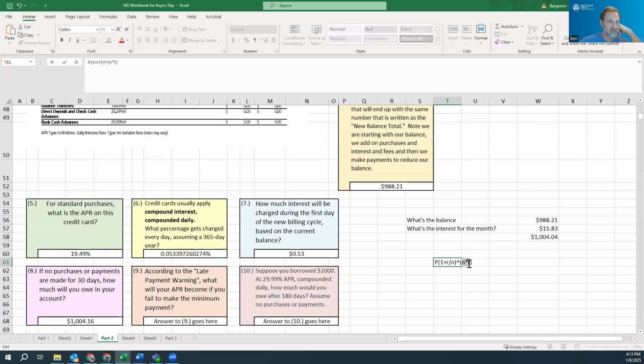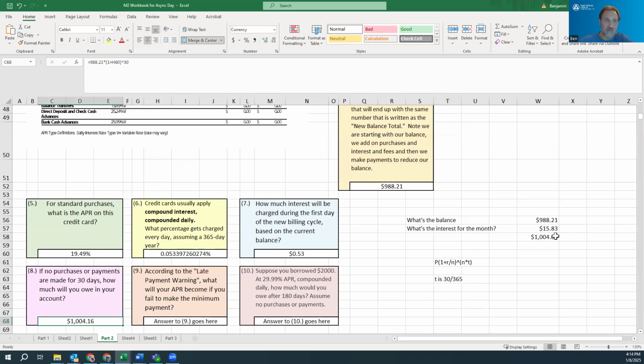But T is harder to think about because T is supposed to be measured in years, but I'm not doing a full year. I'm doing 30 days. So that's why I went straight for that. If I was thinking about it as T, what is T? I would say T is 30 over 365 because I'm doing 30 days out of 365 days. And that would lead me to the same result if N is 365.